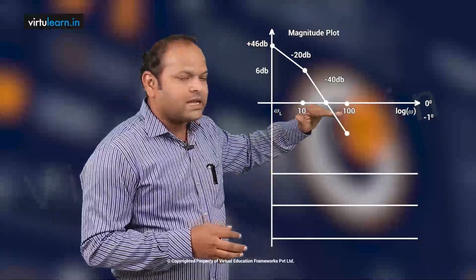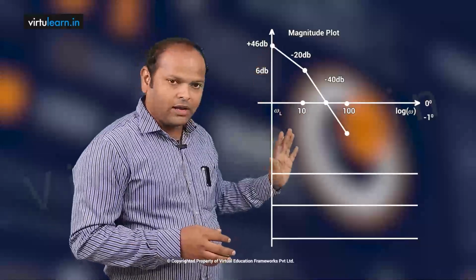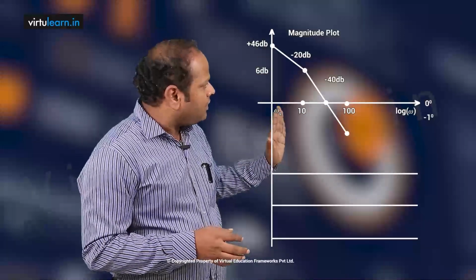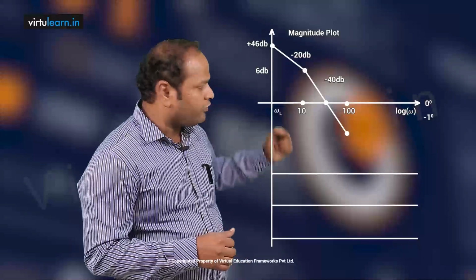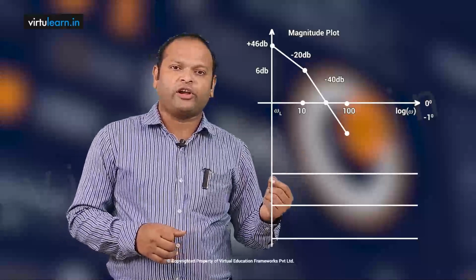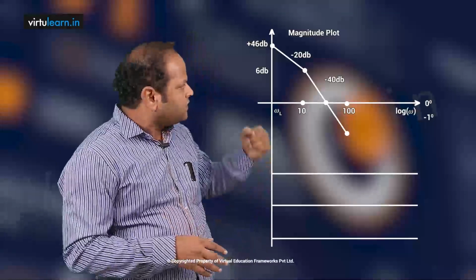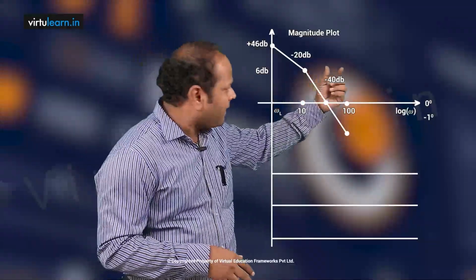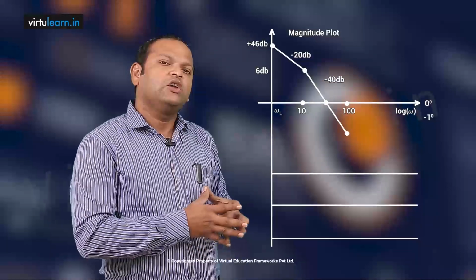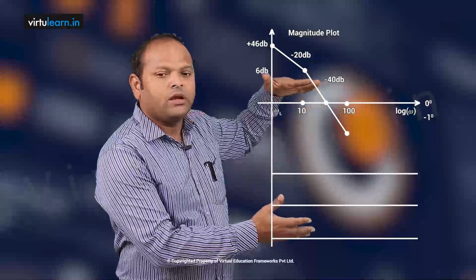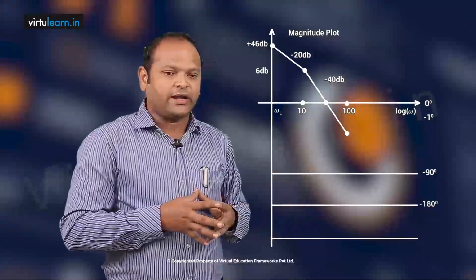With this phase angle expression, I can prepare a table again. In this table, I will take the omega values, let us say starting from 0 to infinity. We cannot locate 0 and infinity, but we can have some idea. When omega is 0, it is going to be minus 90. When omega is infinity, it is going to be minus 180 degrees. That means your phase plot will be between minus 90 and minus 180 degrees.